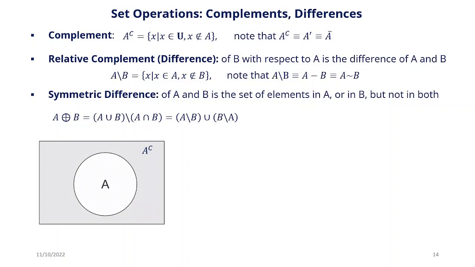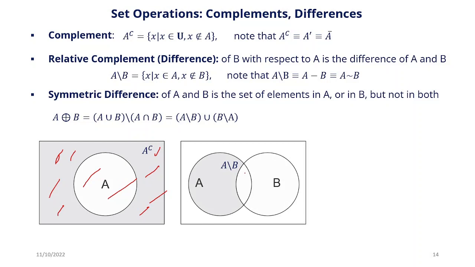We see examples. So the first one you see here is set A, everything here. Now everything outside set A is the complement. Everything on this side, the items that are not inside A, is the complement of A. The difference between A and B is when you take all the items of B from A, what you get is everything on this side.